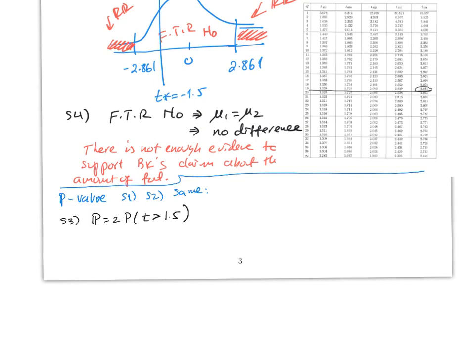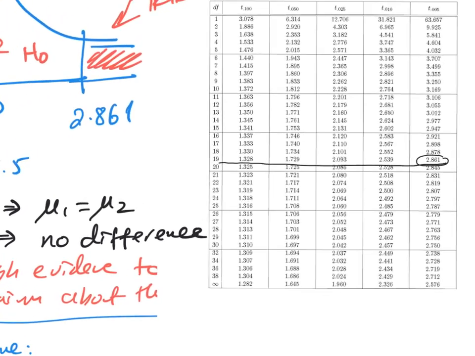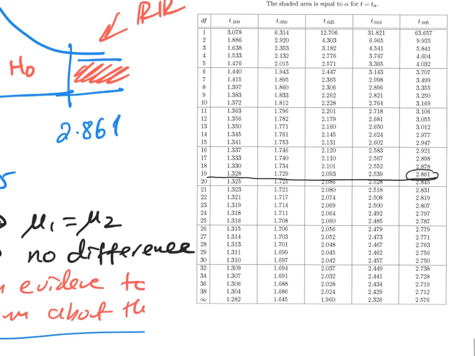So that will make this positive. If we look to the table, 1.5 is between these two. So all you have to do is pick something between 0.05 and 0.10. What's a number between those two? Well, let's say 0.06.